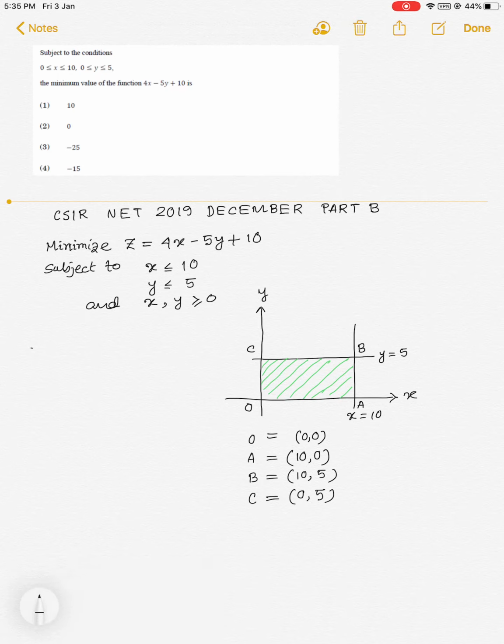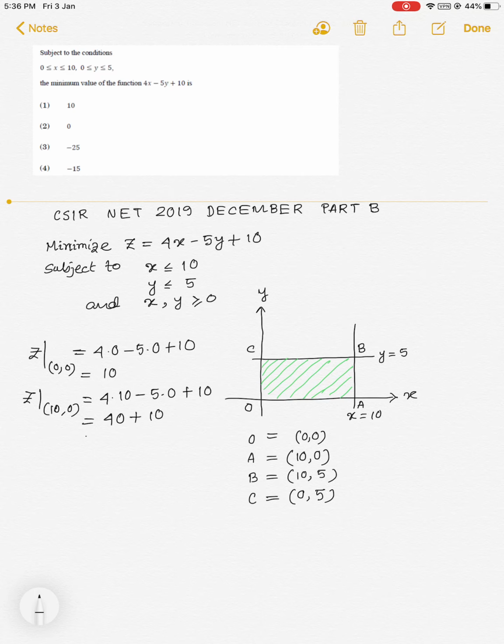That is, z at the point 0, 0 is equal to 4 into 0 minus 5 into 0 plus 10, which is equal to 10. Z at 10, 0 is equal to 4 into 10 minus 5 into 0 plus 10, that is 40 plus 10, which is equal to 50.